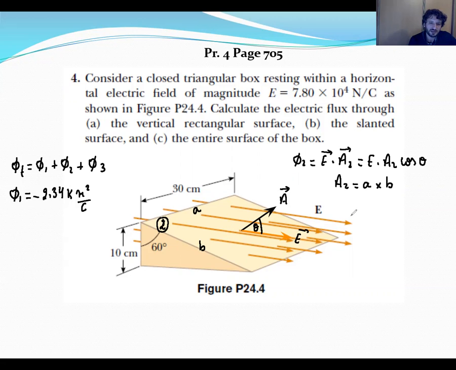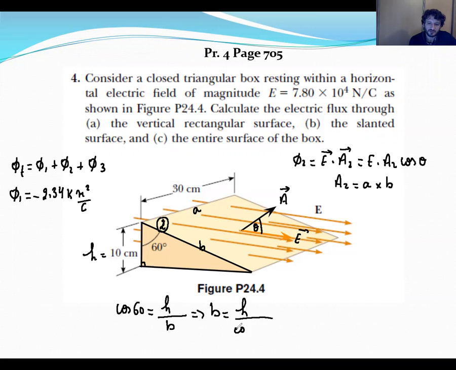We have the value of A equals 0.3, so we need to calculate the value of B. To calculate B, I take this right triangle. We can say cosine 60 equals the adjacent H over B. So B equals H over cosine 60.